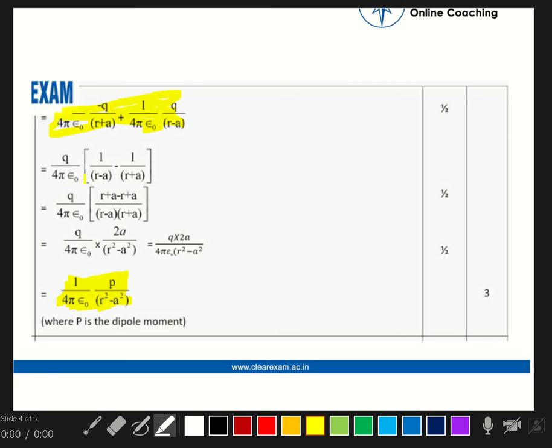Taking q by 4 pi epsilon naught common, we will get 1 upon r minus a, minus 1 upon r plus a. By further solving it, we will get q into 2a upon 4 pi epsilon naught, r squared minus a squared. Hence, p is the dipole moment, so put q into 2a as p.